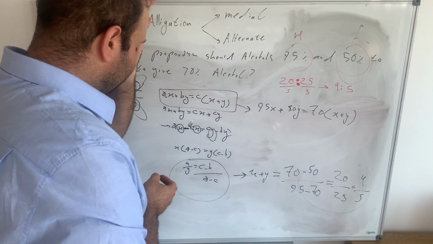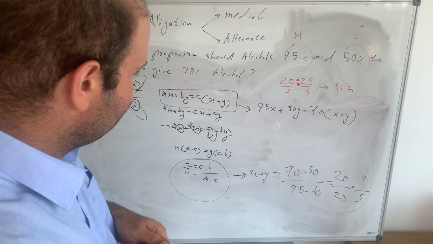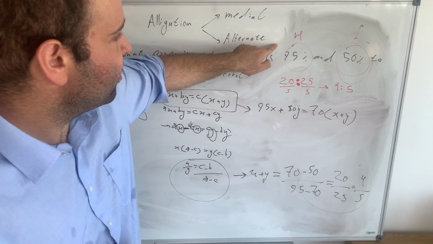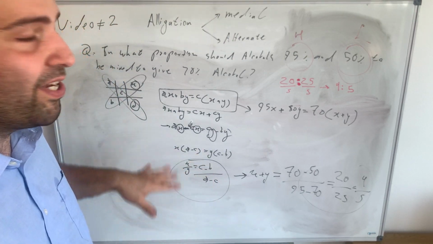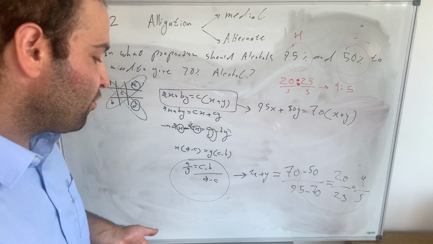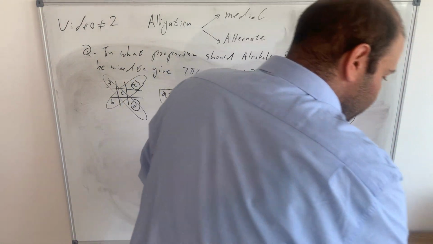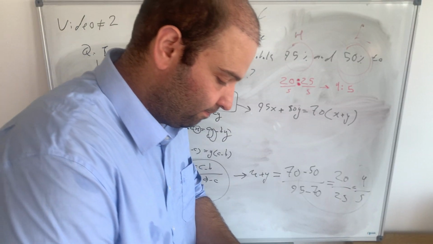So this method, actually you do not need to know the algebra, because by knowing this alligation alternate and using these tables, you can solve almost every question in this area. So I will try to give you some more questions and we solve them together, and I hope you can learn it properly.